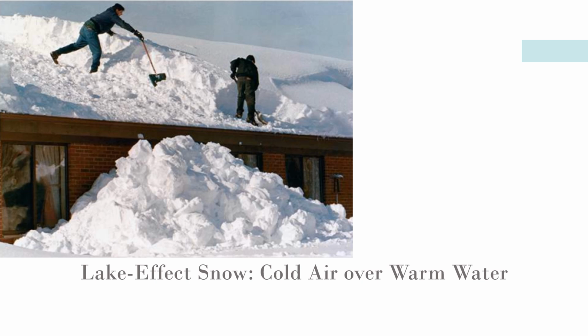So lake effect snow showers on the downwind side of the lakes often result from this air mass modification, which we can see in this picture. Again, these form when cold continental polar air moves over the comparatively warm water of a large lake.